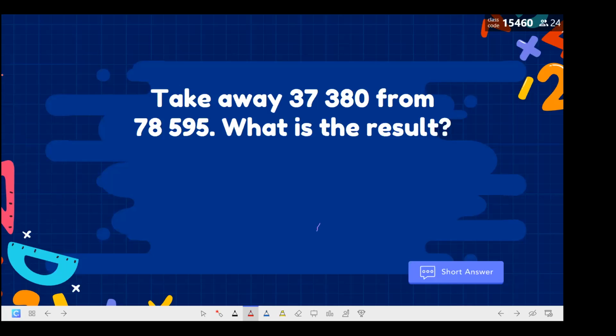From the given numbers here in the example, what is the subtraction sentence? 78,595 minus 37,380 will equal... Okay. All right. I hope I heard it right.